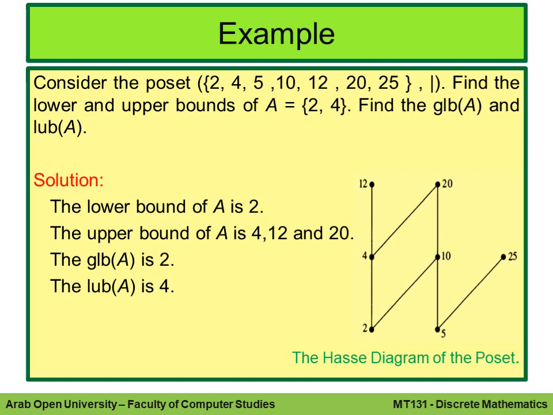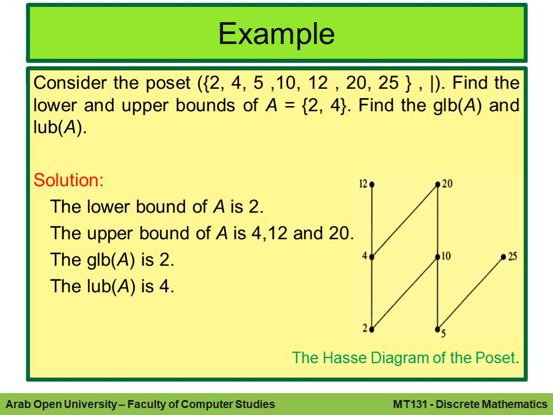Here is an example. This is again this set with the divides relation, and here is the graph. We want to find lower and upper bounds for this set A equals {2, 4}. Remember now we are working with divides. A lower bound would be a number that divides both 2 and 4.